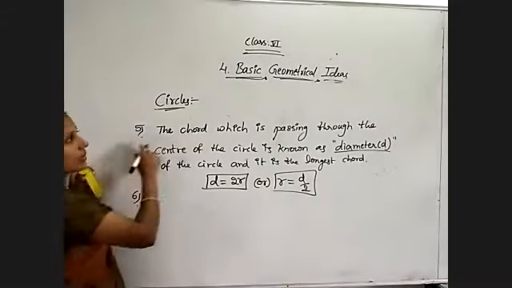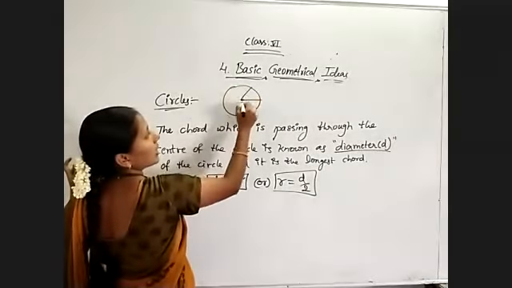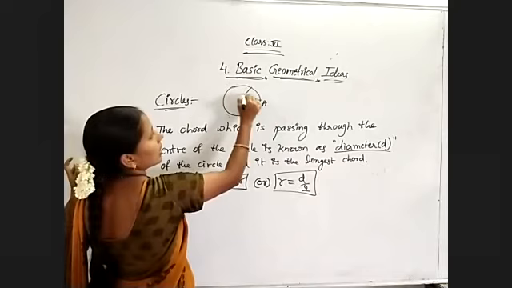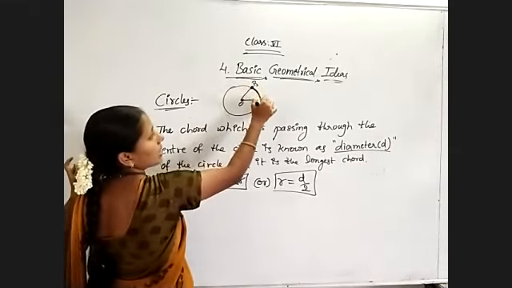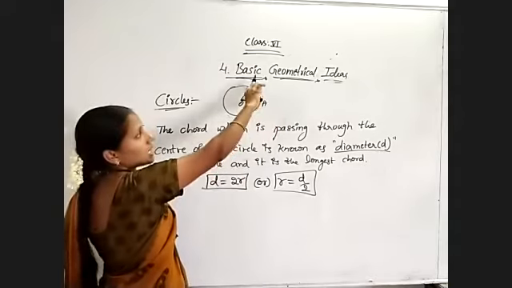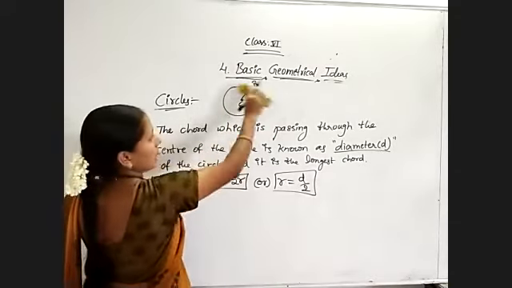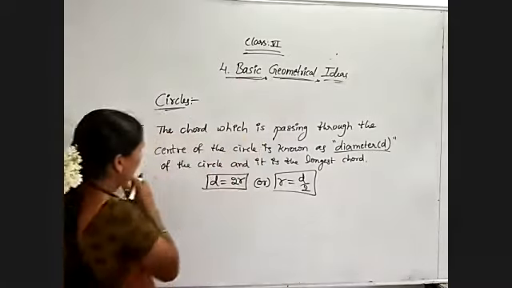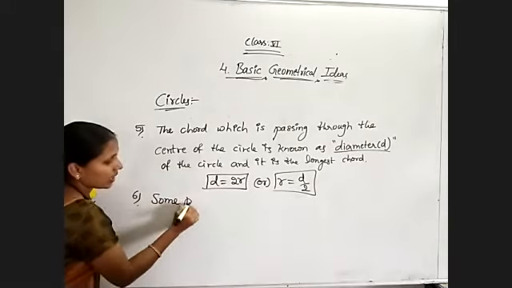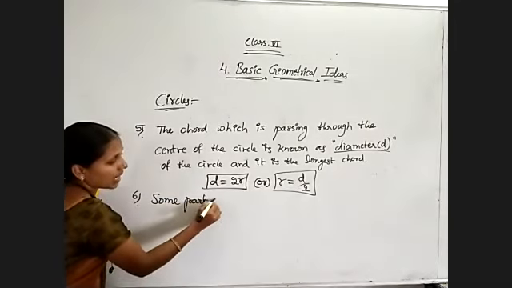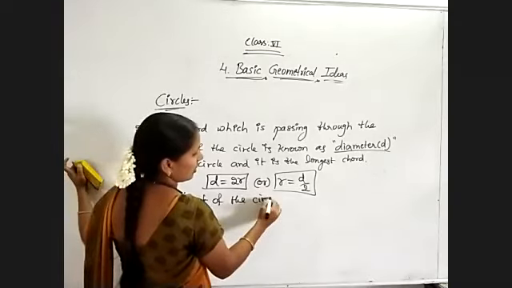Arc is nothing but, as I told you, like this. When I am taking two radii, OA and OB, the distance between A and B, 2 points on the circle, is known as an arc. So it is some part of the circle.